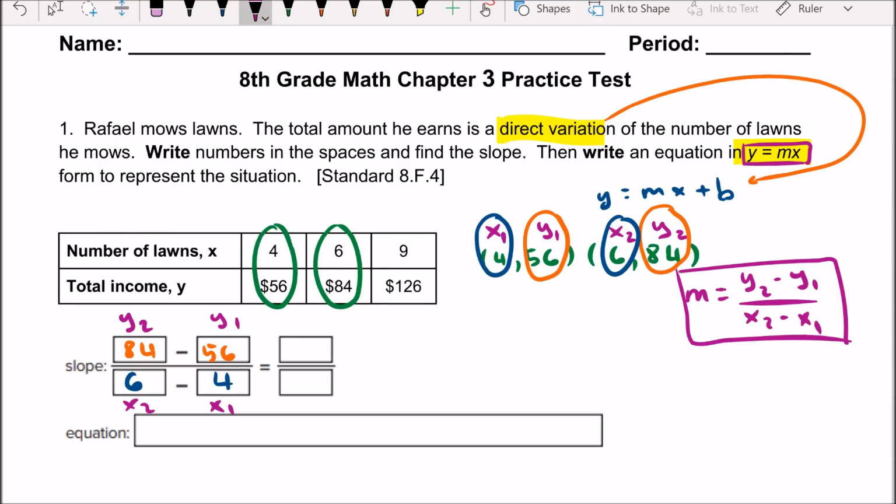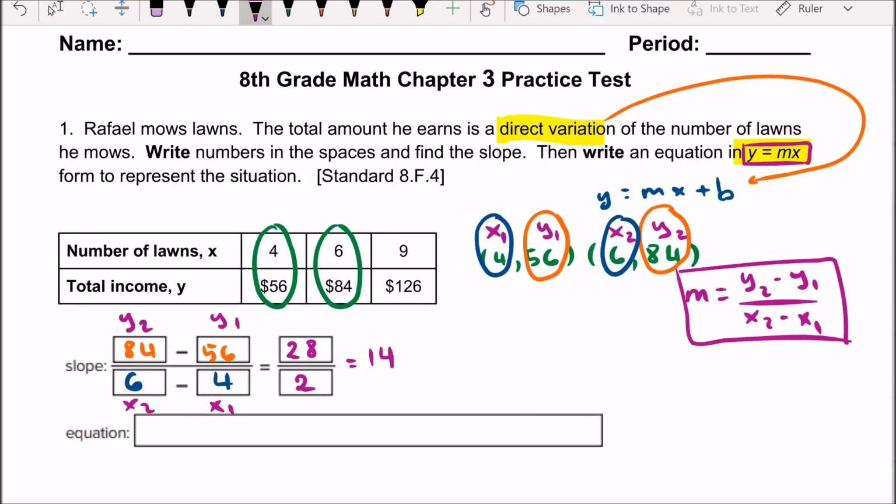Alright, we'll keep going. 84 minus 56 gives me 28, over 6 minus 4, which is 2. And 28 divided by 2 gives me 14.